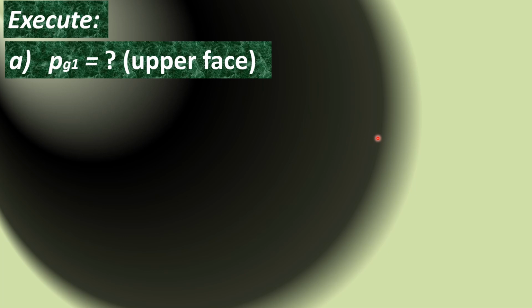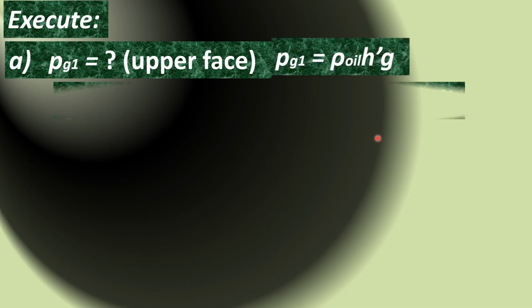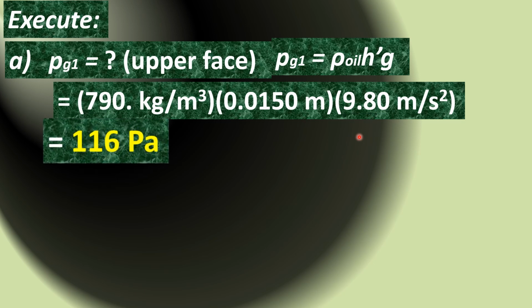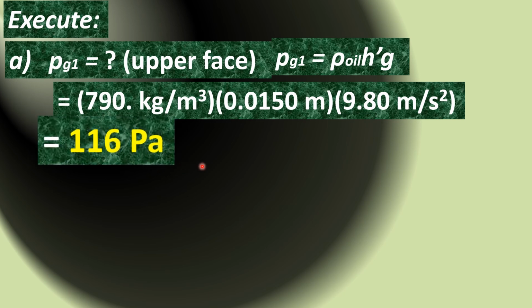So substituting, we have gauge pressure P sub G1 equals 790 kilogram per meter cube, that's the density of oil, multiplied by 0.0150 meters, that's the value of h prime, and 9.80 meters per second squared, of course, that's the value of g. So doing our math, we get this gauge pressure number 1 equal to 116 Pascal or Newton per meter squared.